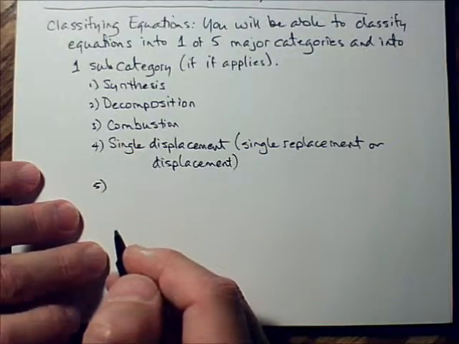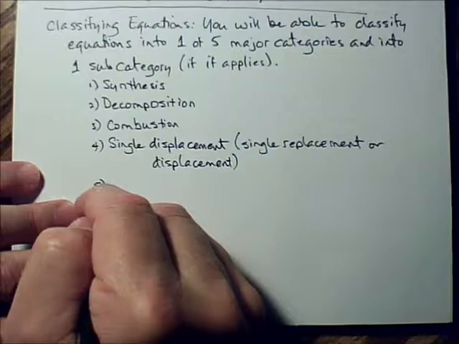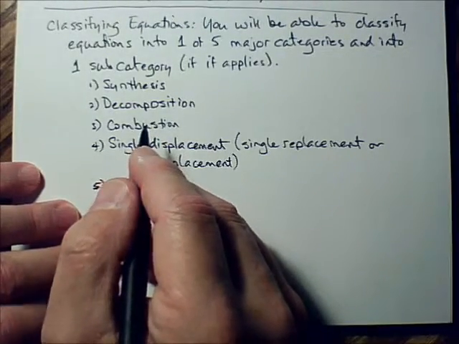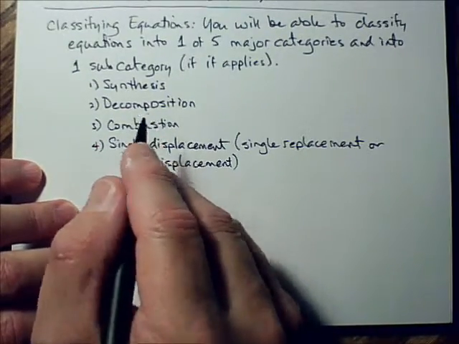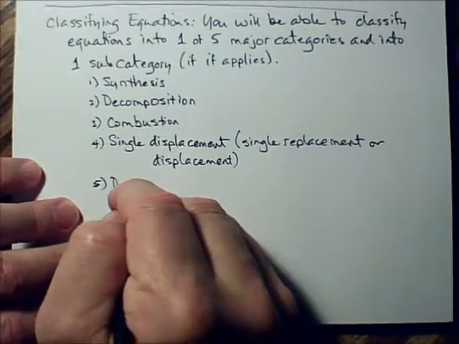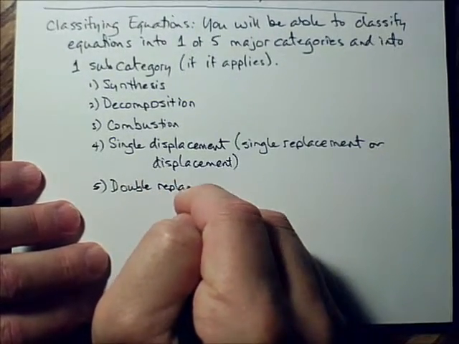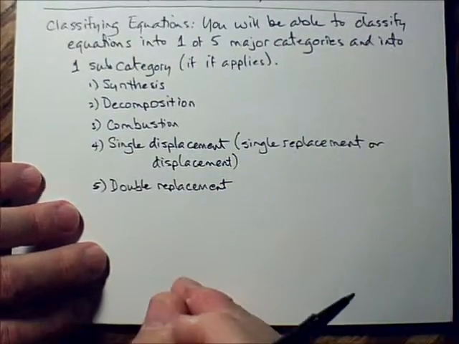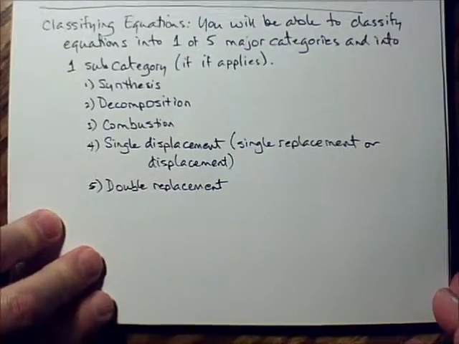And the last major category, the fifth major category, is double replacement. Now, occasionally I've heard it called double displacement, but most of the time you almost always see double replacement.